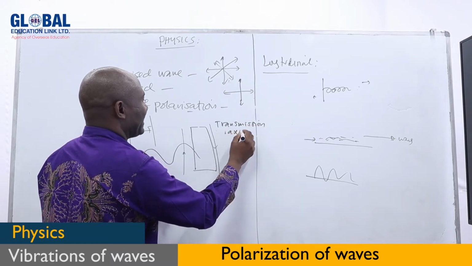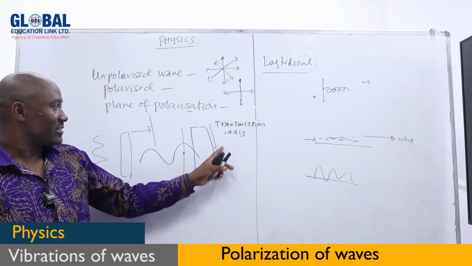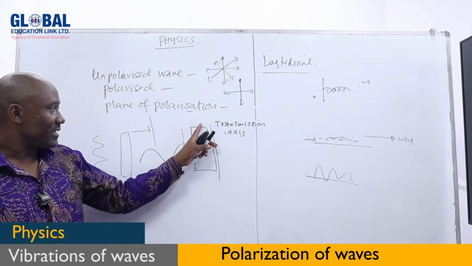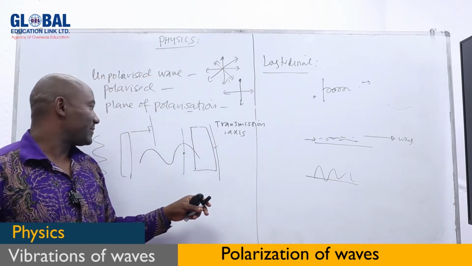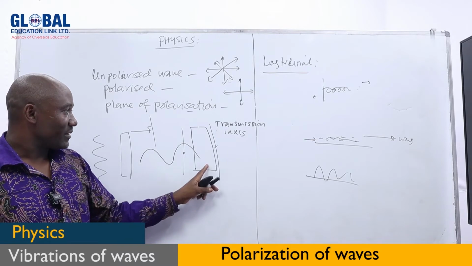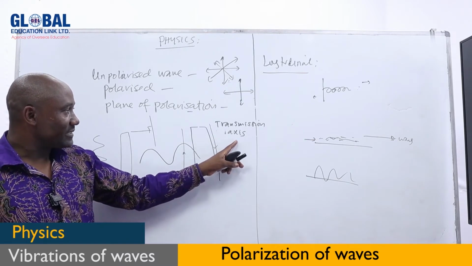Transmission axis. This is the terminology that we normally use here, the transmission axis. This is the axis of the opening, which allows light to pass. For this case, the door, this axis which is vertical, is given the name transmission axis.